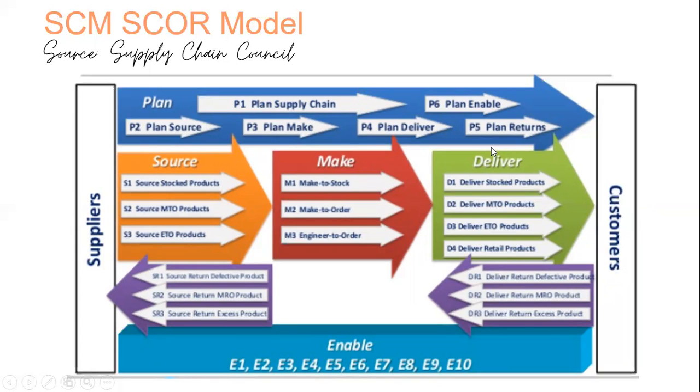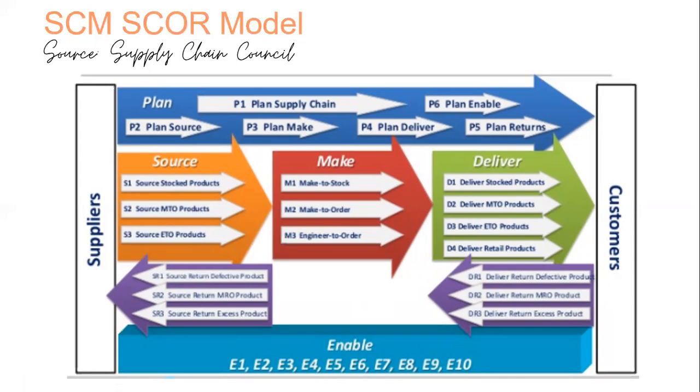So far you've been seeing all the arrows going from left to right, but here you can see a little bit of reverse logistics where the customer is sending goods back to the supplier. This is something that nowadays companies are having to deal with. Either they can reimburse the customer, or they can decide to fix the product and send the customer a new product, or a refurbished product.